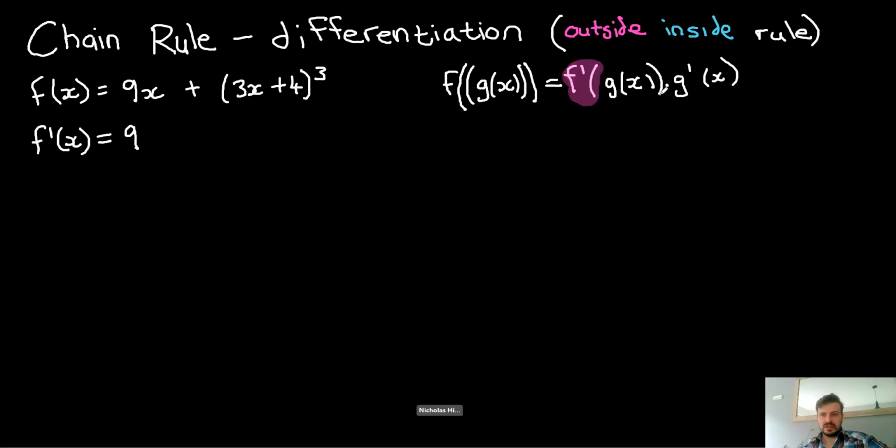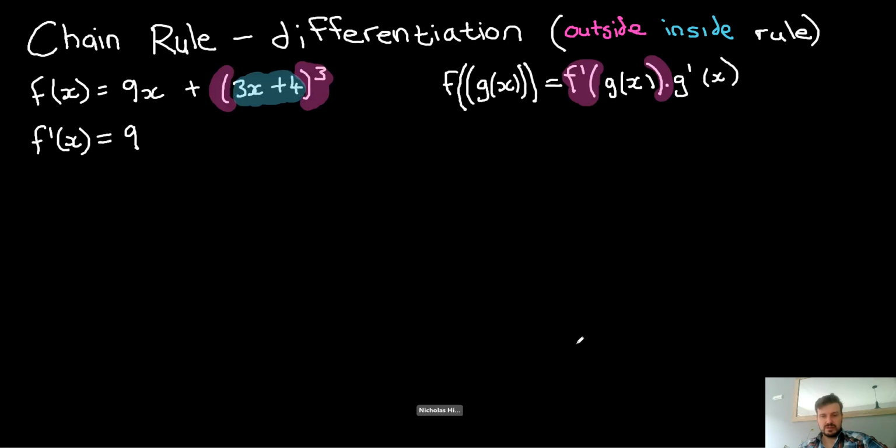So in other words, if I look at my function, I think of the outside as being the outside of the function, what I've highlighted in pink. And then the inside is the bit that's in blue.